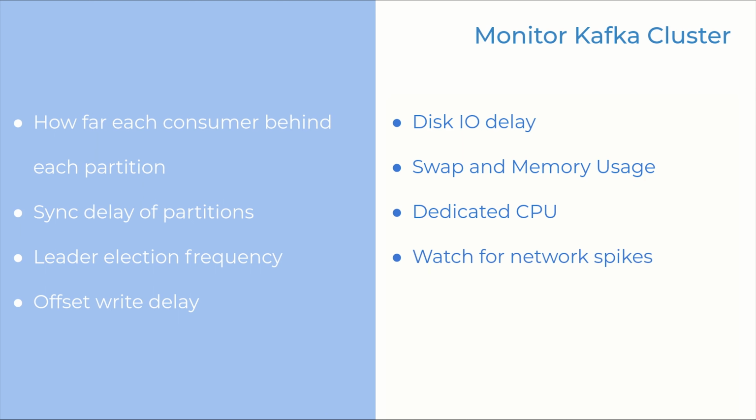And you should watch for network spikes, because those network spikes could be due to unnecessary redirections, and those can reduce the performance of the cluster, so it is better to set up alerts on those. Finally, it is required to enable cluster JMX and consume cluster events via a monitoring tool in order to watch for any issues with the cluster.